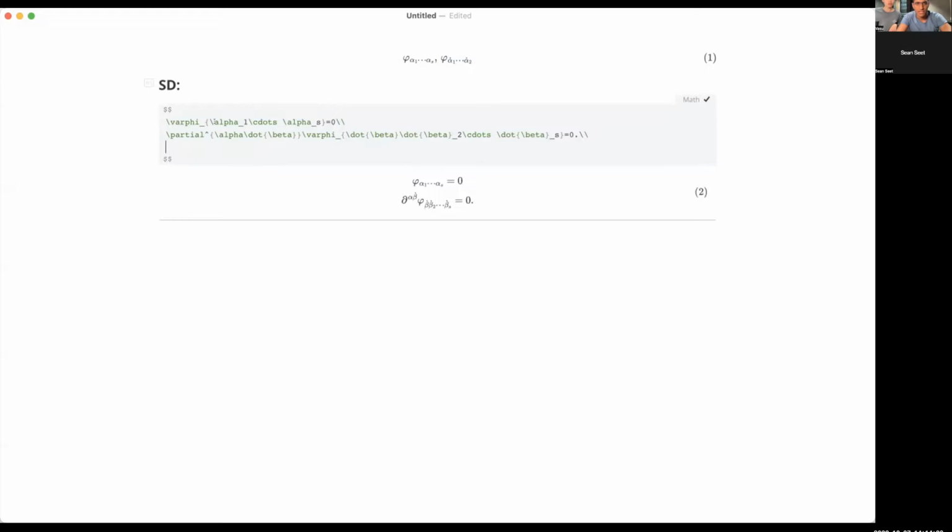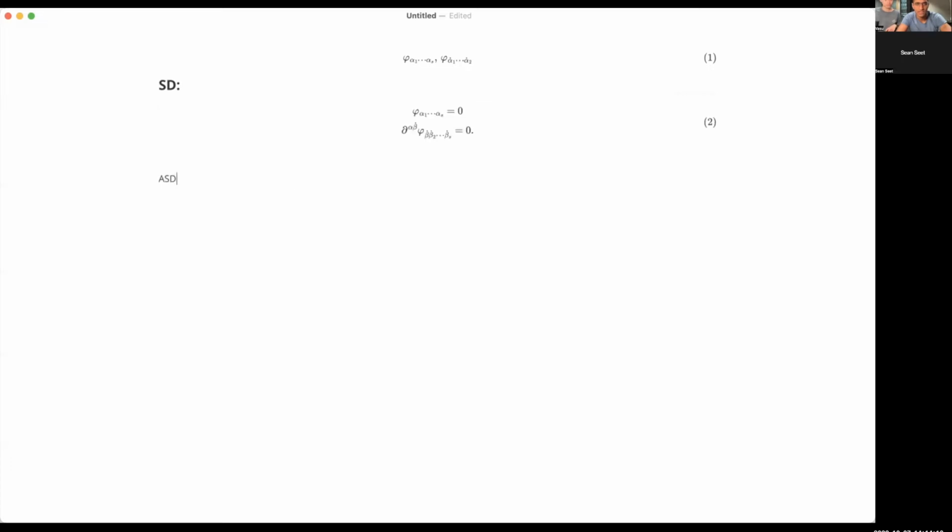I should mention that these are completely symmetric in their indices, in their dotted or undotted indices. And I think that the anti-self-dual case is just replacing the dotted with the undotted, and it's the same kind of condition.